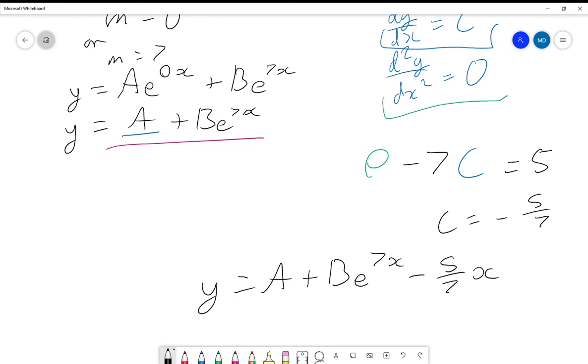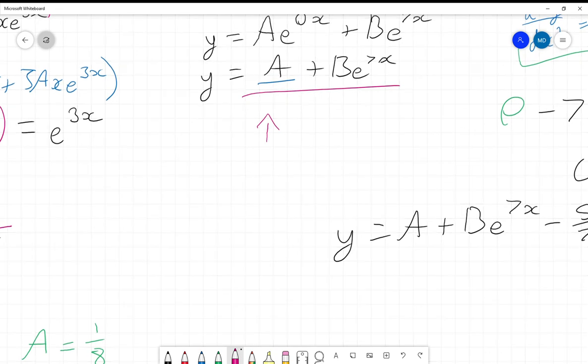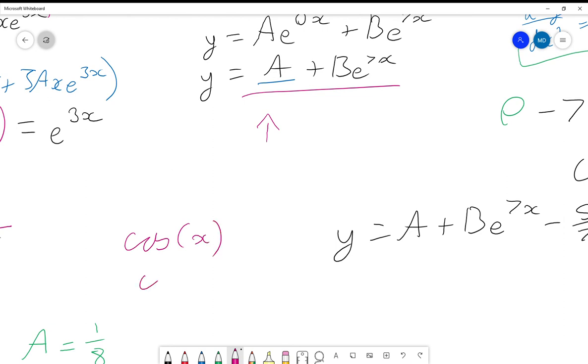That is how you solve them if we have a term in common between the two, so a constant, or maybe each one has an x squared, or each one has a cosine 2x. If we had a case where one of them we had, say, cosine of x and cosine of 2x, that would not be in common, because these are very different terms, and so you would not need to multiply by an extra x there.